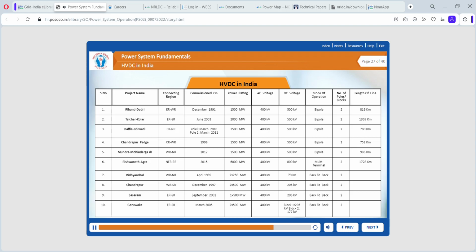Earlier in September 2020, Power Grid Corporation of India Limited commissioned Pole 1 of the Raigarh-Pugalur HVDC transmission system comprising Raigarh HVDC Terminal Station, Chhattisgarh, and Pugalur HVDC Terminal Station.